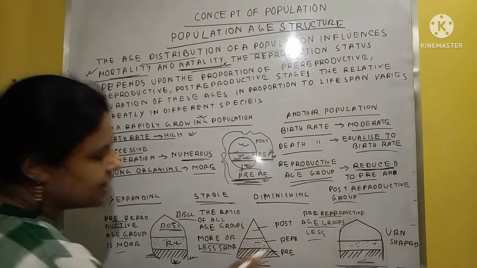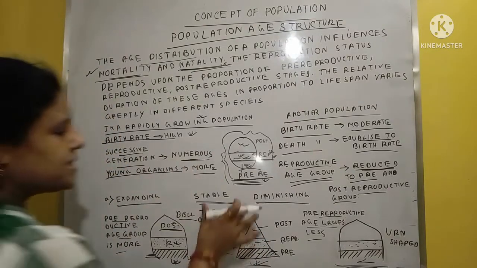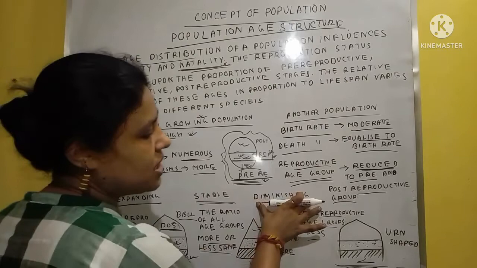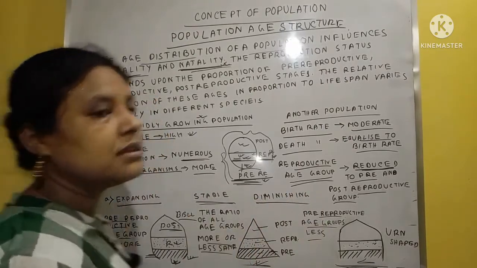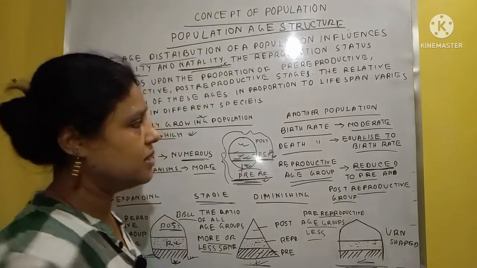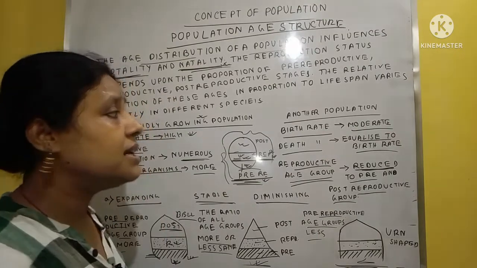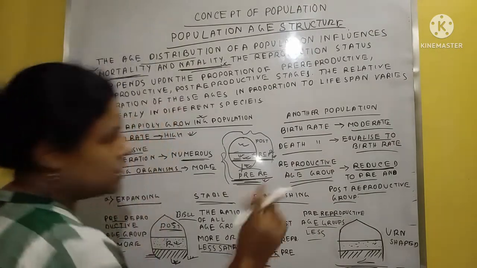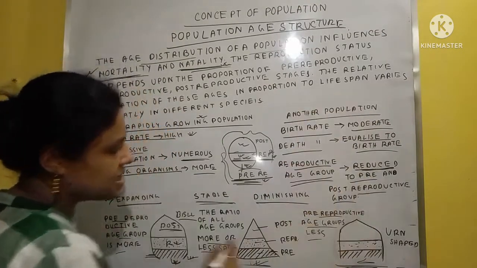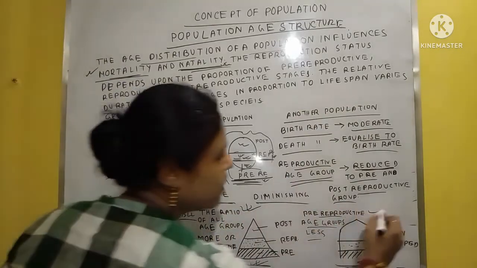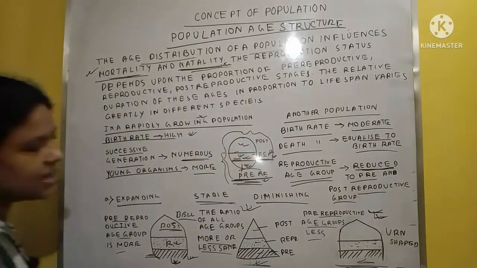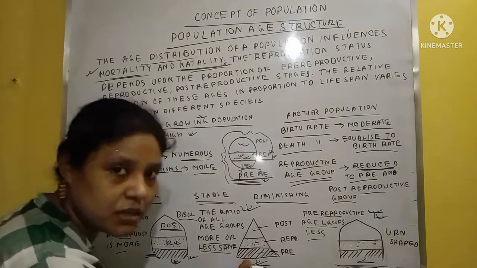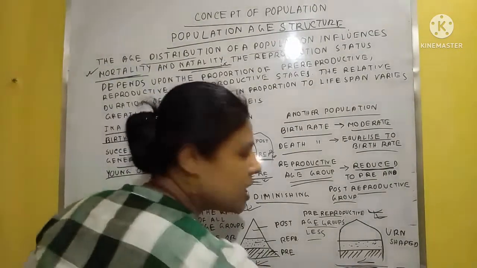This and this are more or less the same, so it is stable, and the other is diminishing, where you see a moderate birth rate, or the birth rate equal to the death rate. In that situation you can get two types of age group: one is the triangular shaped and another is the urn shaped.